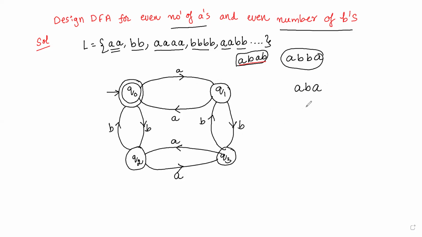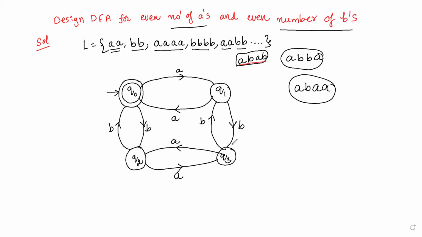So when my input is A, B, A, then what do you have to do? It should not go to the final state. You see A, B, A, A. So it is in a normal state only. It is not a final state.